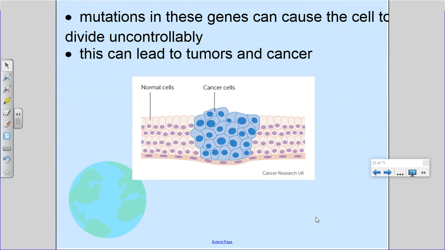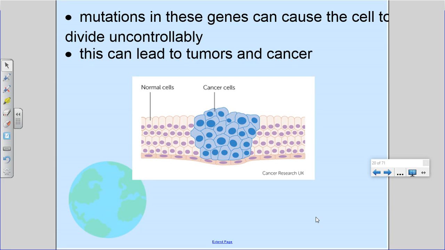So mutations in any of these genes, any variety of mutations, can lead the cell to divide uncontrollably. What is supposed to happen is that your body has a whole system of checkpoints. You have an immune system that should take care of these cells. But of course, sometimes these cells are dividing uncontrollably, go unchecked, and this can lead to tumors and cancer.